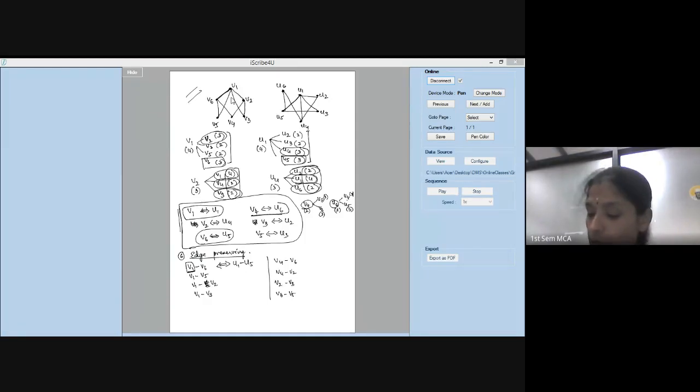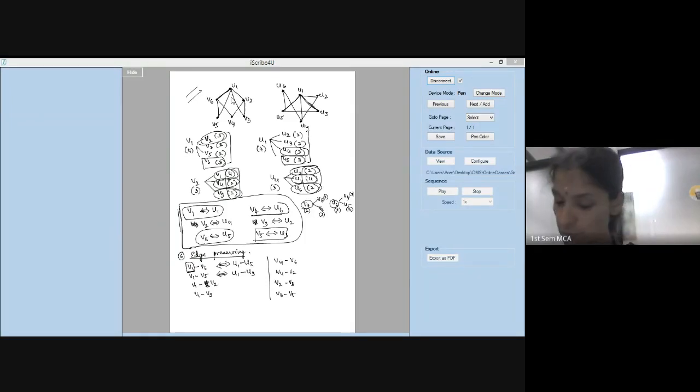All right. Next, V1 to V5. Now, what is the corresponding edge of the vertex equivalent to V1? It is U1. The vertex equivalent to V5, from here if you see, is U3. So the U1 to U3 edge is the one which is equivalent to V1 to V5 of G1.